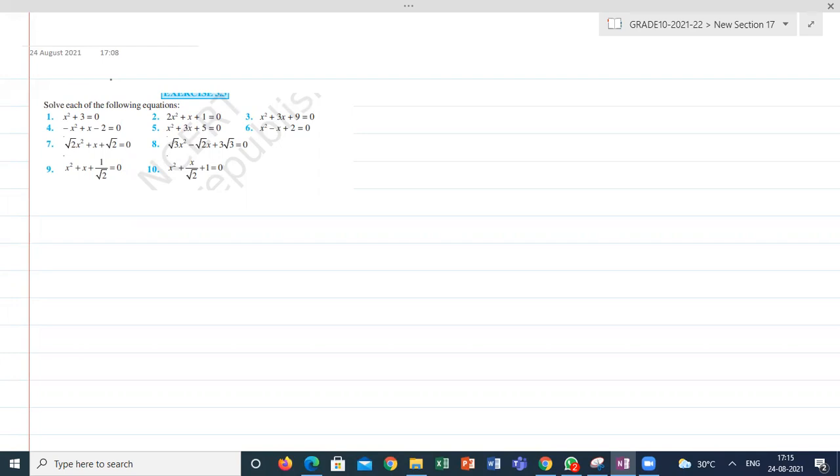What is the answer for question number 9? Students, please. Sarvesh, Srinidhi, anyone? What is the answer for question number 9?